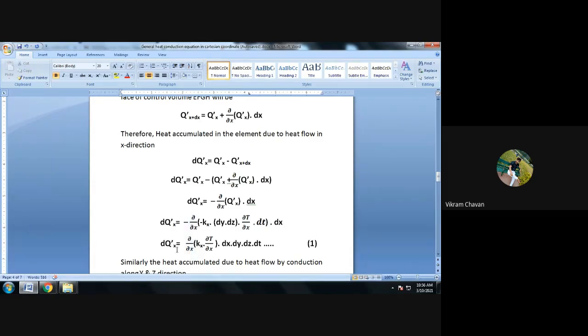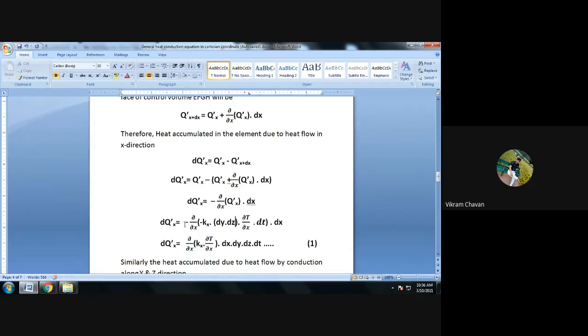So dq dash suffix x will be equal to partial differentiation with respect to x, and remaining in bracket k suffix x multiply by partial t divided by partial x.